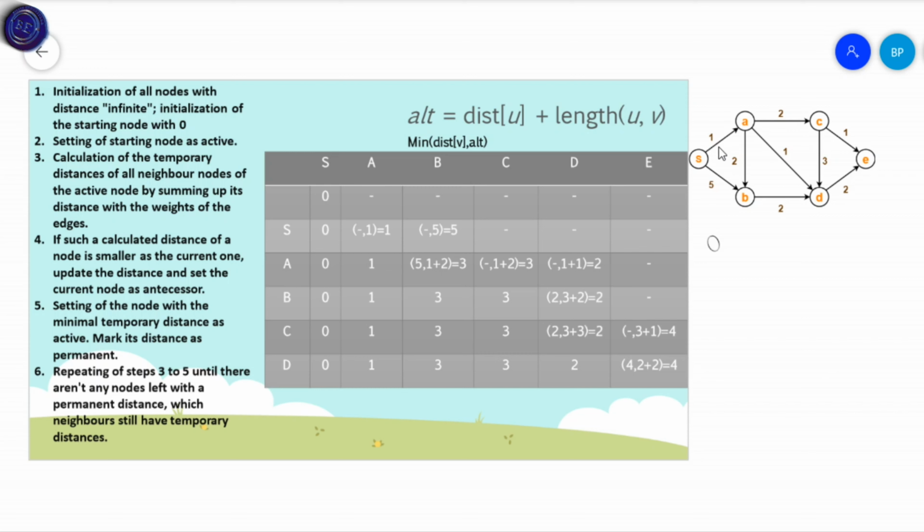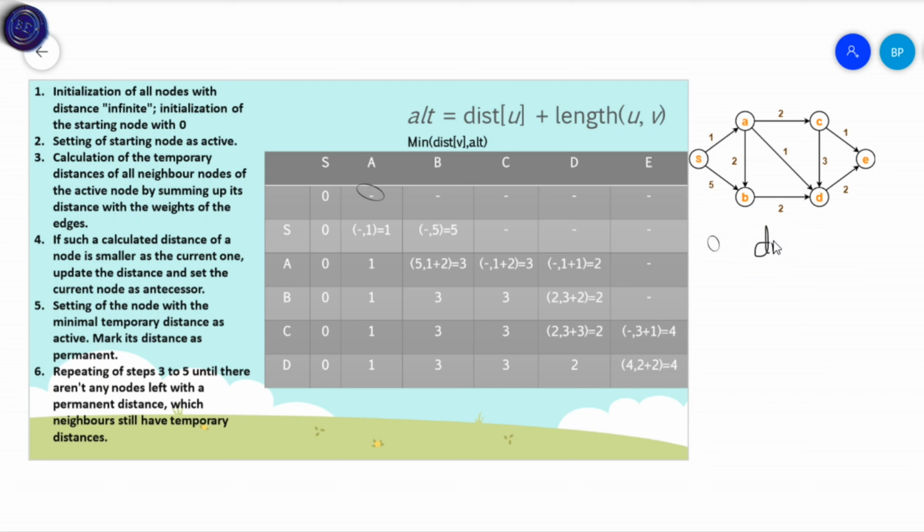So here we are going to find the distance of these nodes by summing the edge values. Okay. Now let us find the distance of A from S. Actually we set the distance of A to infinite.